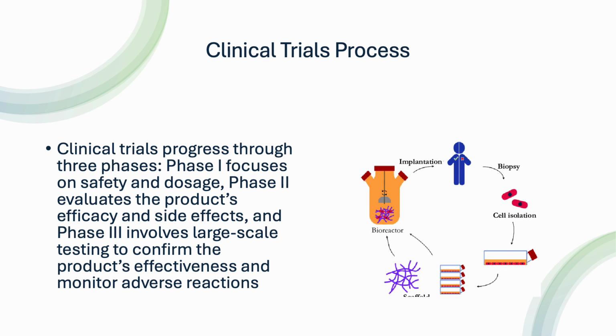So clinical trials progress through 3 phases, as we already talked about. Phase 1 related to safety and dosage, phase 2 for evaluating the product's efficacy and side effects or adverse drug reactions, and phase 3 that involves large-scale testing to confirm the product's effectiveness and monitor adverse reactions.